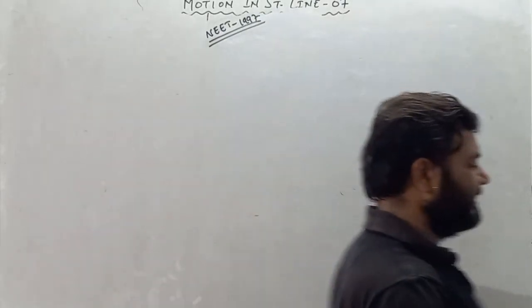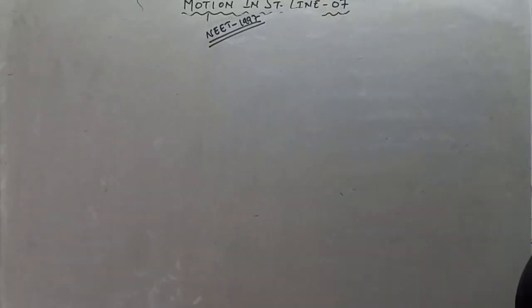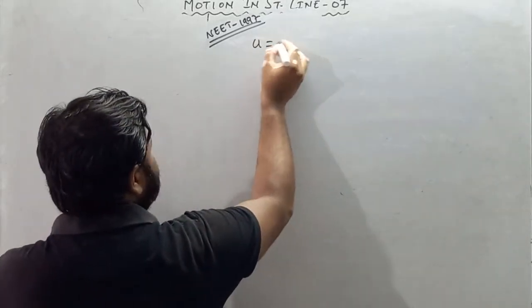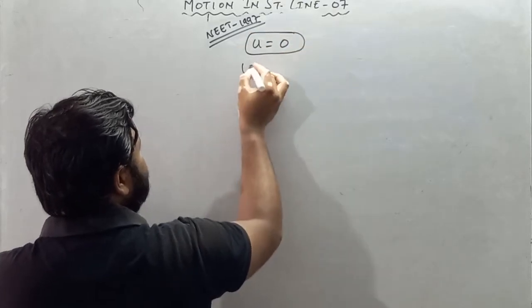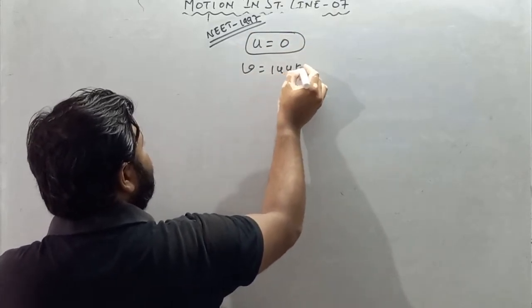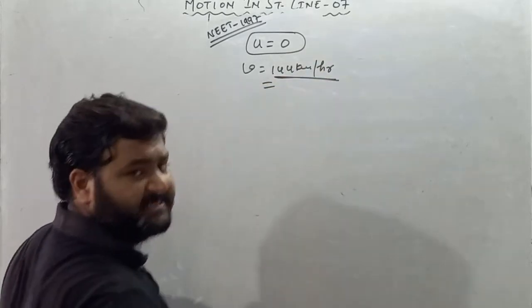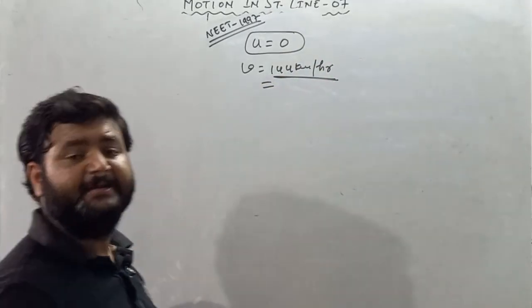I'm repeating the statement once again. If a car at rest accelerates uniformly to a speed, here speed is given and the car is initially at rest. So initial velocity is 0, final velocity is 144 km per hour. If kilometer per hour is given, then you have to convert it into meter per second.